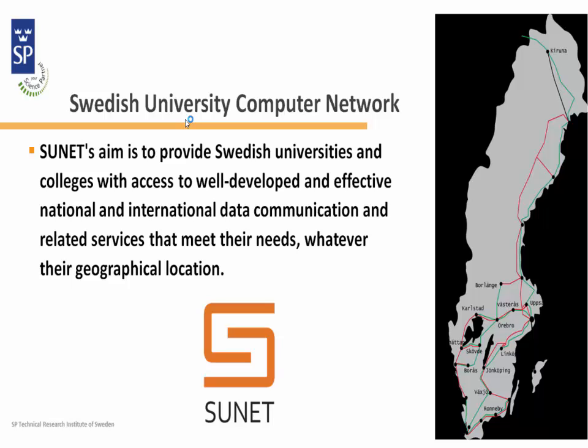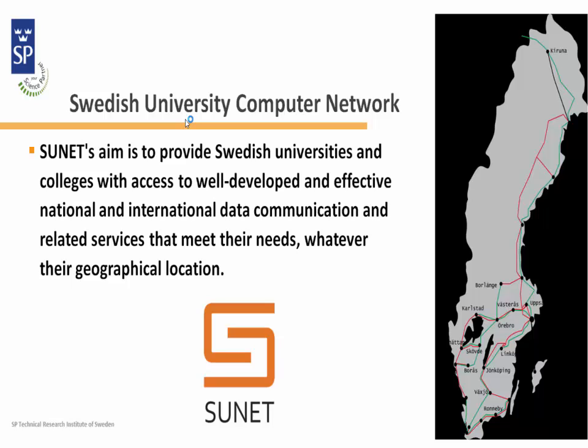So we contacted the Swedish University Computer Network, and their aim is to provide Swedish universities with well-developed and effective national and international data communication and related services. So this project sorts under related services. So this is a map of their network.